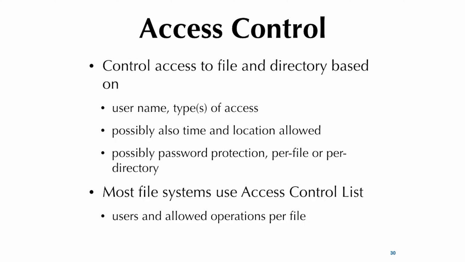Right? So the most general way to do this is to define the concept of user, which a timeshare machine would have. So it would know the different users. They each have their own accounts for authentication. Also the types of access, whether you're doing read, write, and execute. These are the 3 basic ones.